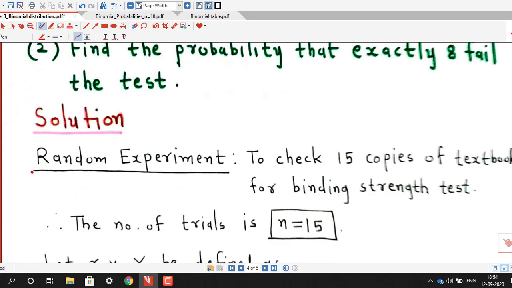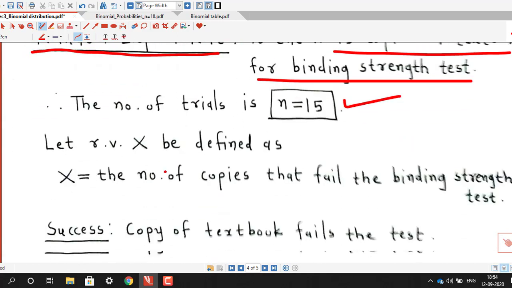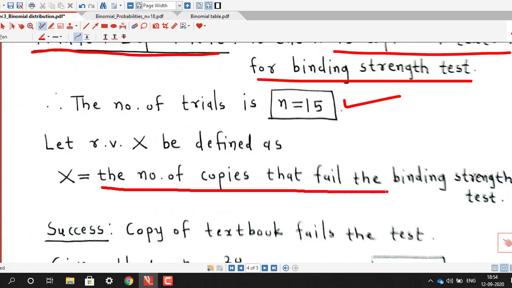First we see the random experiment is to check 15 copies of the textbook for the binding strength test. So the number of trials is n equal to 15. The random variable is given to be the number of copies that fail the binding strength test. So the possible values of small x are, because n is 15, x from 0, 1 up to 15.